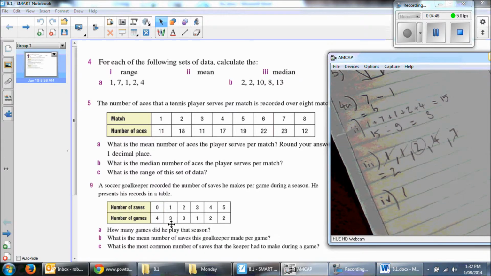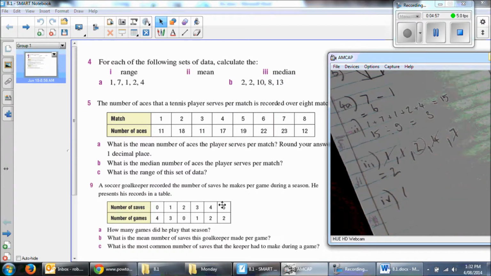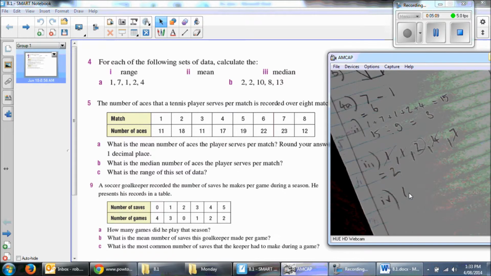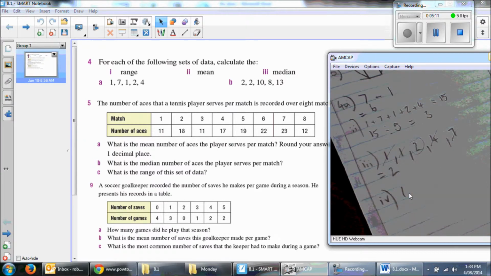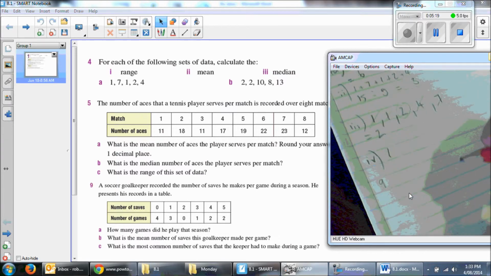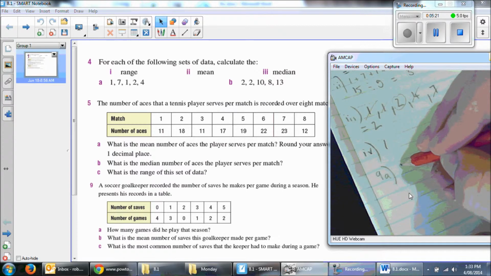He made 3 games where he made 1 save, 0 games with 2 saves, 1 game with 3 saves, 2 games with 4 saves, and 2 games with 5 saves. So we just add up the number of games down the bottom to find out how many games he actually played in that season. So 4 plus 3 plus 0 plus 1 plus 2 plus 2. That's 4, 8, 9, 12. So question 9A, he played 12 games.